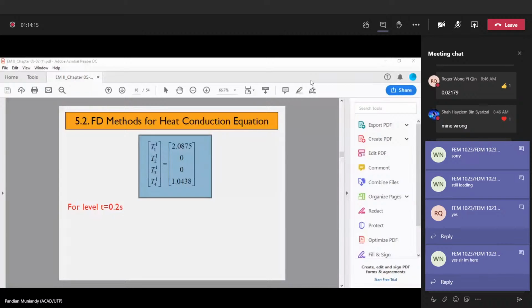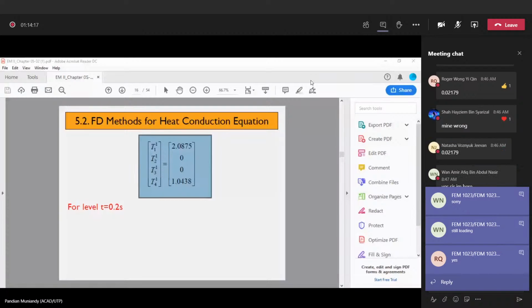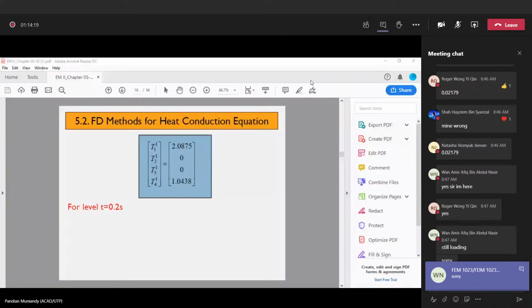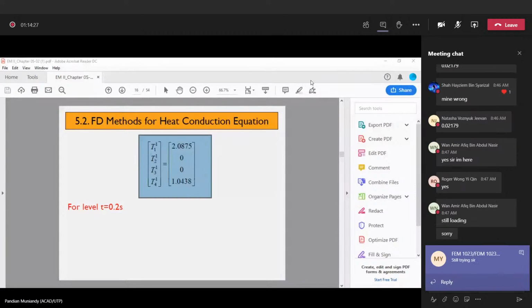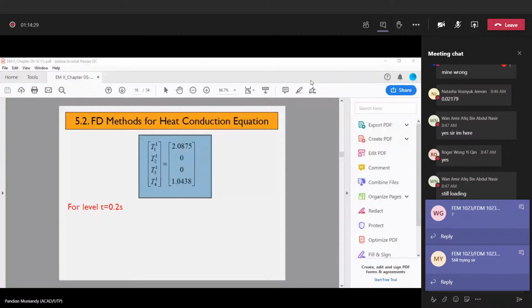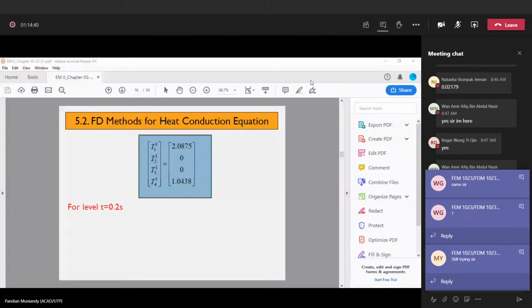Roger already replied. Okay, what about others? Wenkan, are you there? So can we confirm the answer, please? 0.02179 at I3.